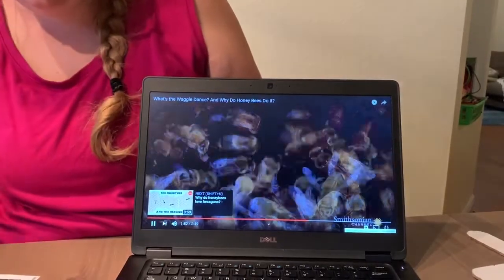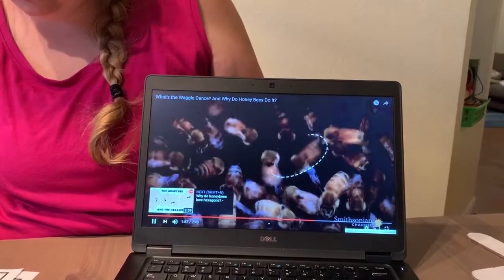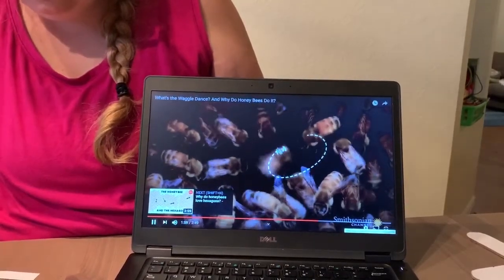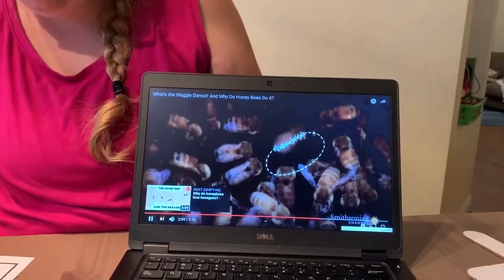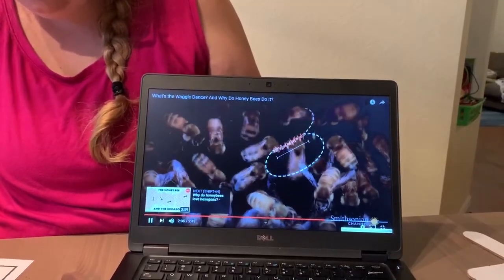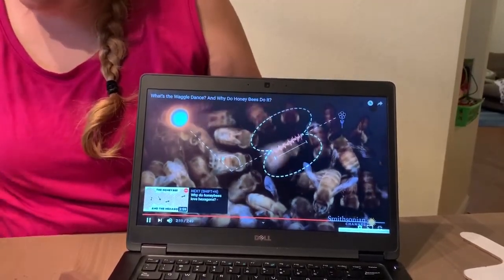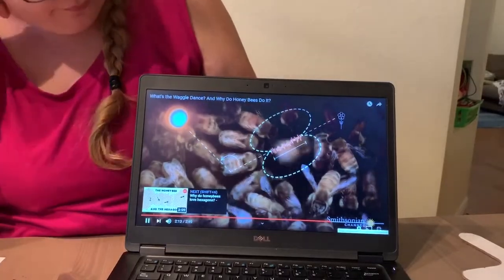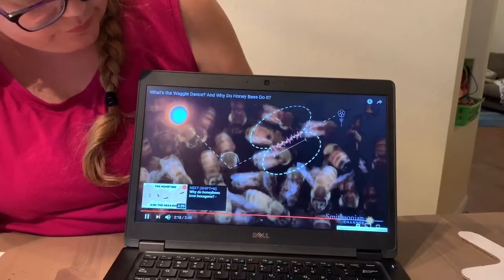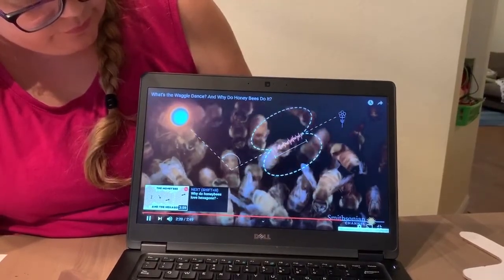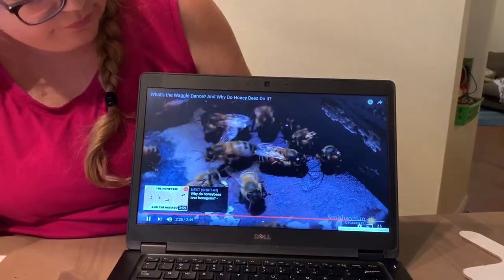The duration of her waggle indicates the distance to the nectar source. The longer the waggle, the further the flower. And the angle at which she dances across the comb tells them the direction to the flower in relation to the sun. Her instructions are remarkably accurate and can pinpoint the location of a nectar source over 6 kilometers away. Some of her fellow workers set off immediately to find it.